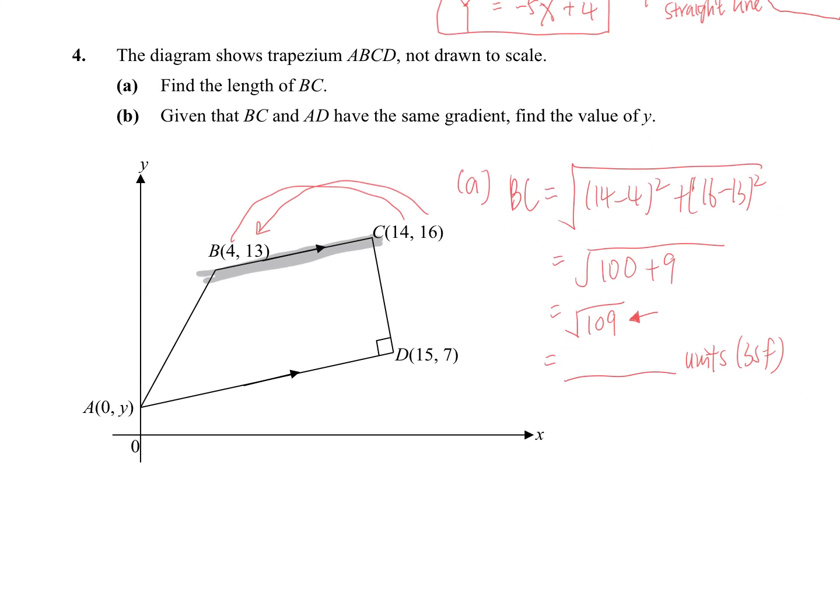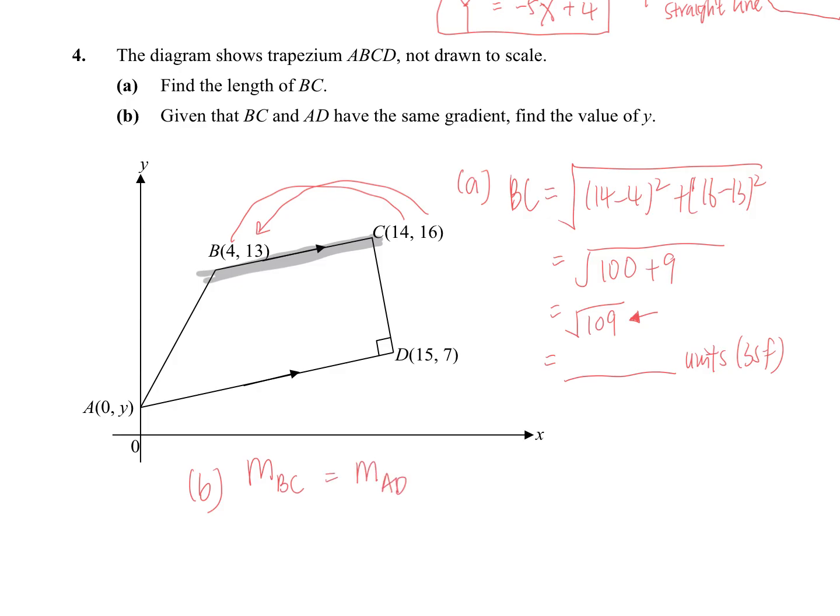Okay, then they say BC and AD have the same gradient. Is it diagonal just rise over run? Oh, no, that's gradient. Yeah, that's gradient. Okay, part B. They say BC and AD have the same gradient. So find the value of Y. So I can find gradient of BC and equate it to gradient of AD.